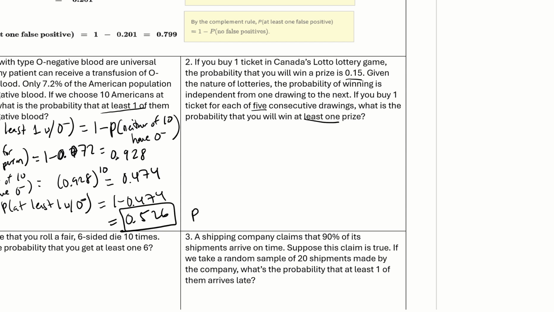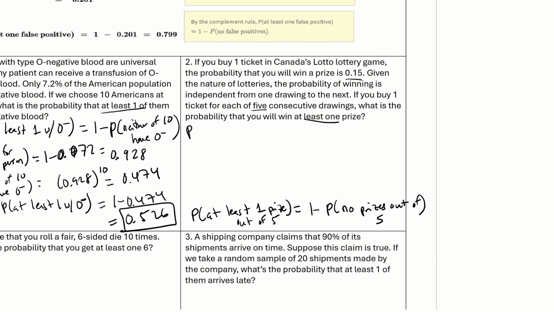So again, the probability of at least one win, at least one prize, is 1 minus the probability of no prizes out of 5. Okay, at least one prize out of 5. The opposite of that is no prizes out of 5, and then subtract that from 1.